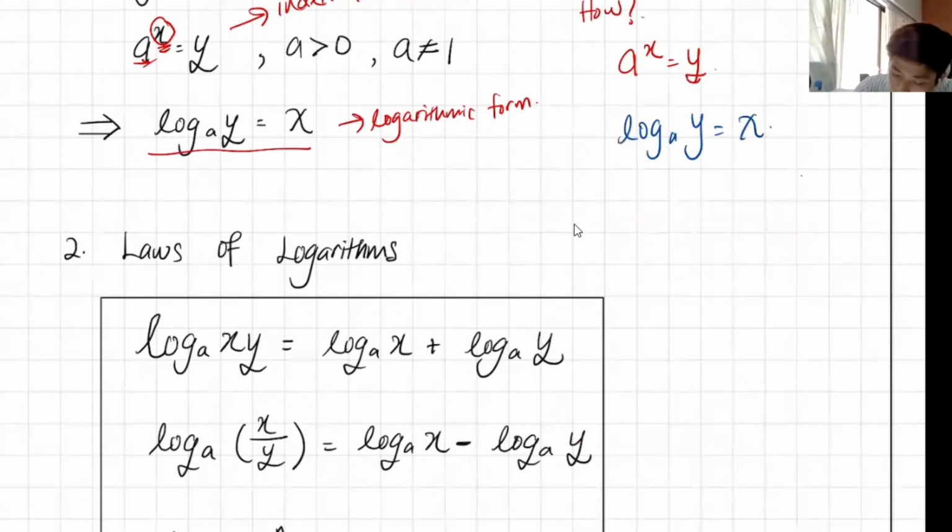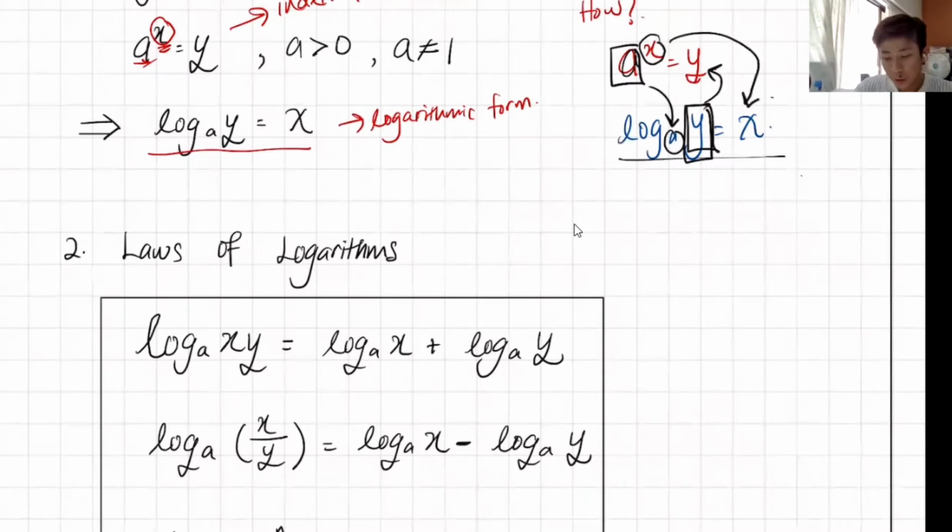What does it mean? We see the base a is actually at the bottom here. This is y. First of all, you must recognize the base would come here. The y, which is the answer when you calculate a to the power of x, would be the one here. And the power or the index would be the answer for this form. I want you to recognize it.